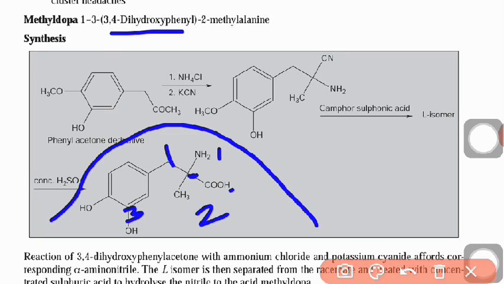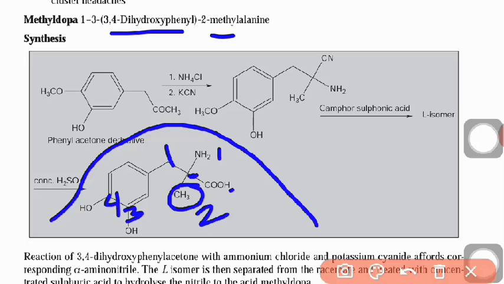This is the third position and this is the fourth position. And at the second position we have the methyl group. So 3,4 dihydroxy, 2 methyl alanine.